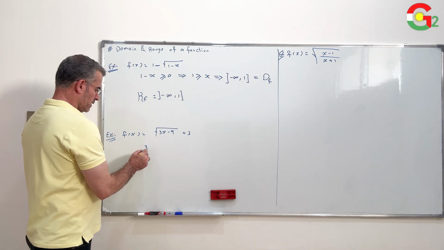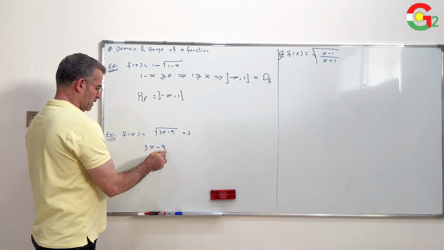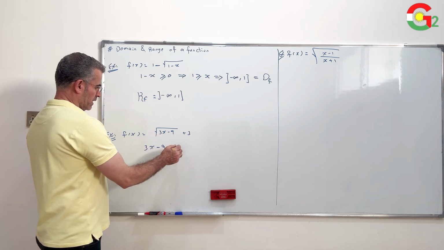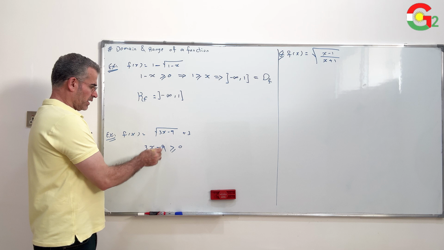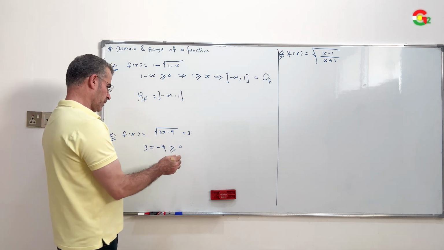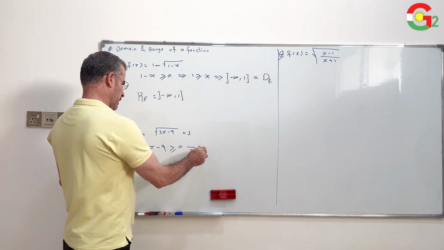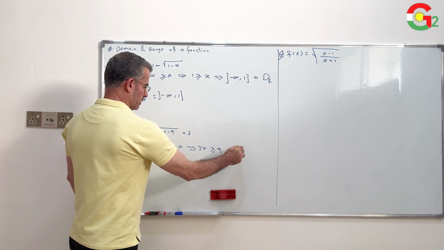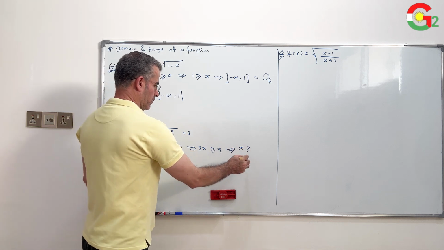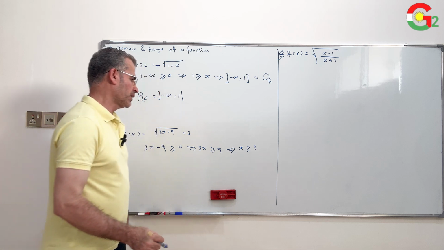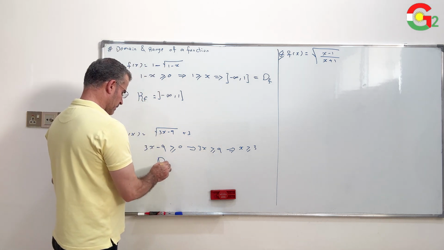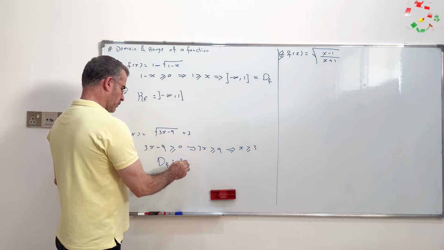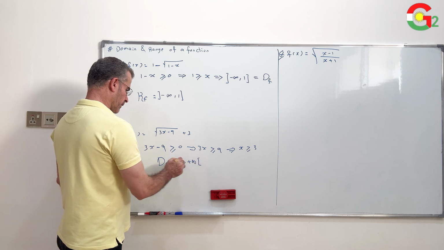Example, find the domain and range of this function. For the domain, follow the same steps. Set 3x minus 9 greater than or equal to 0, then 3x greater than or equal to 9, then x greater than or equal to 9 over 3, which is 3. Then the domain is 3 to positive infinity.